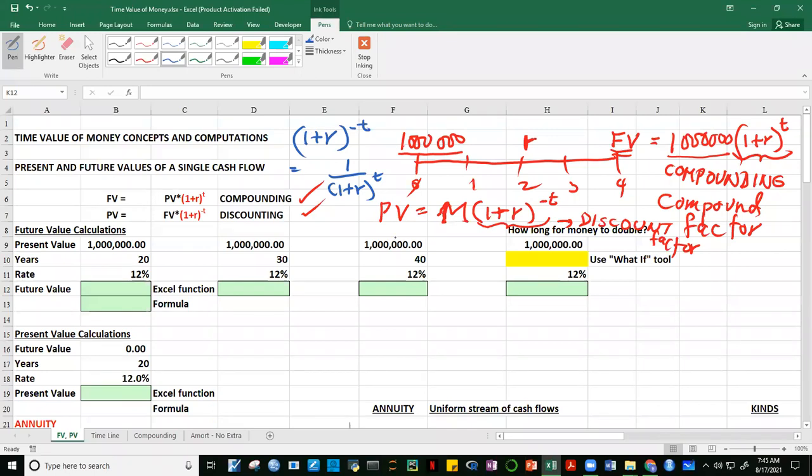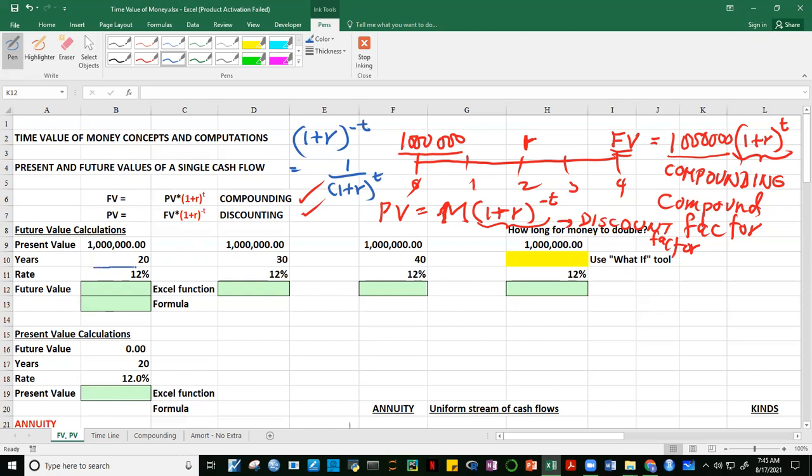So today we're going to discuss and use Excel in computing for future values, or compounding, and computing for the present values given a future value, which is called discounting. Let's start with this one. Suppose we have 1 million today, and the term is 20 years.